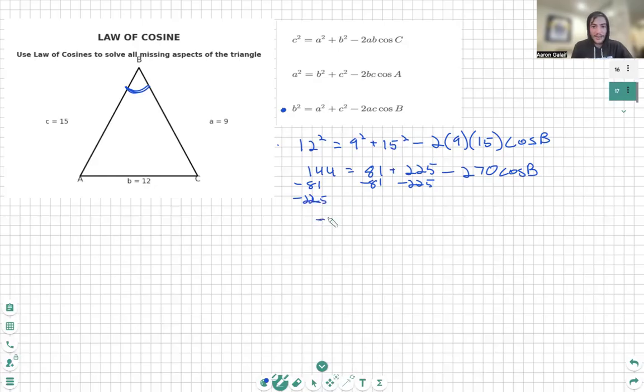We get negative 162 is equal to negative 270 cosine of B, because these guys canceled. Next, we want cosine of B by itself, so we're going to divide by negative 270. Cosine of B is equal to 162 divided by 270. Now it's going to be positive, so we get 0.6, because a negative divided by a negative is positive.